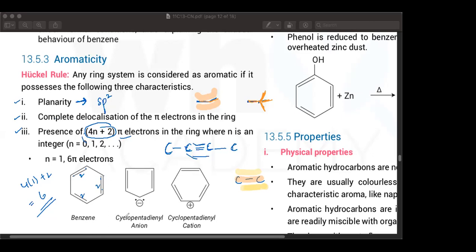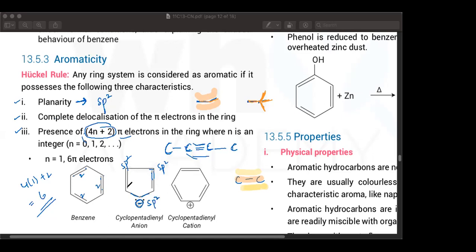Similarly, you've got the cyclopentadienyl anion. Here there is a double bond, so this is sp2. Here there is a double bond, this is sp2. Here there are two bonds, but because this is an anion, this also shows sp2 hybridization.